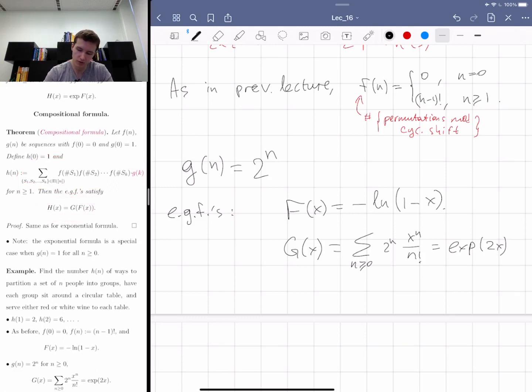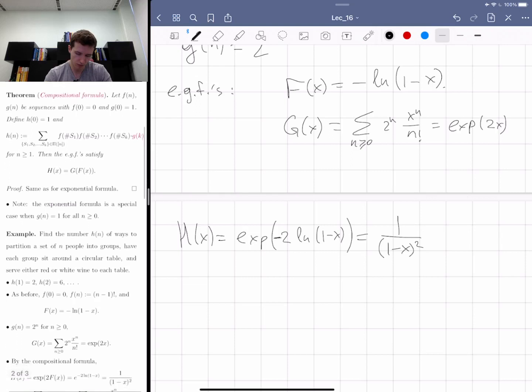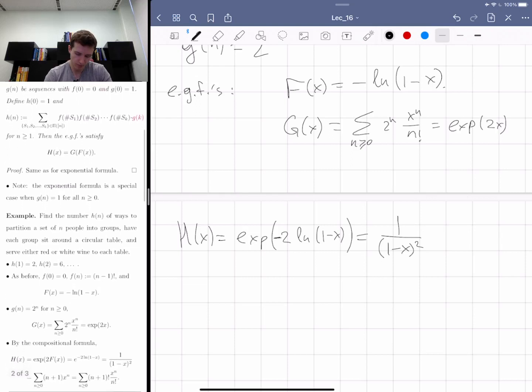So h of x is given by the composition g of f of x. So exponential of negative 2 times the logarithm of 1 minus x. So it's 1 over 1 minus x squared, right? So I need to extract the coefficients of x to the n over n factorial.